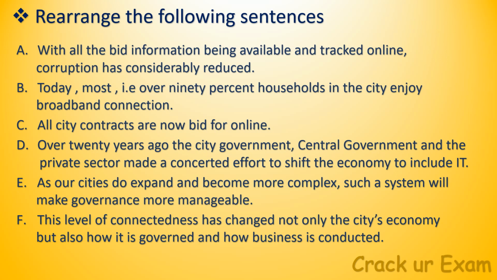Sentence E: as our cities expand and become more complex, such a system will make governance more manageable. And sentence F: this level of connectedness has changed not only the city's economy, but also how it is governed and how business is conducted.